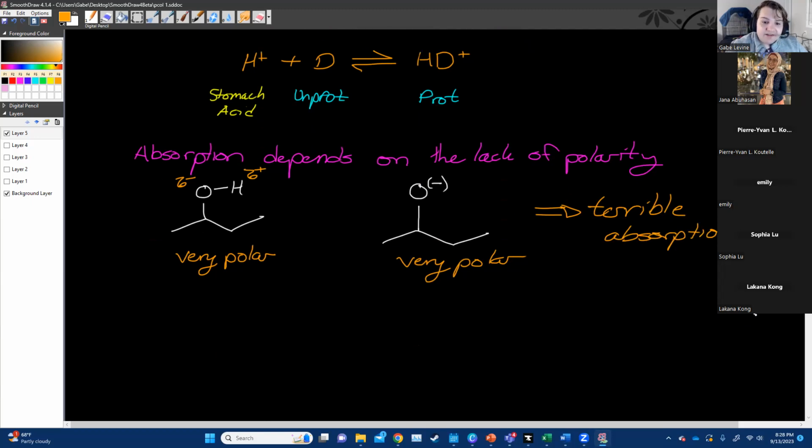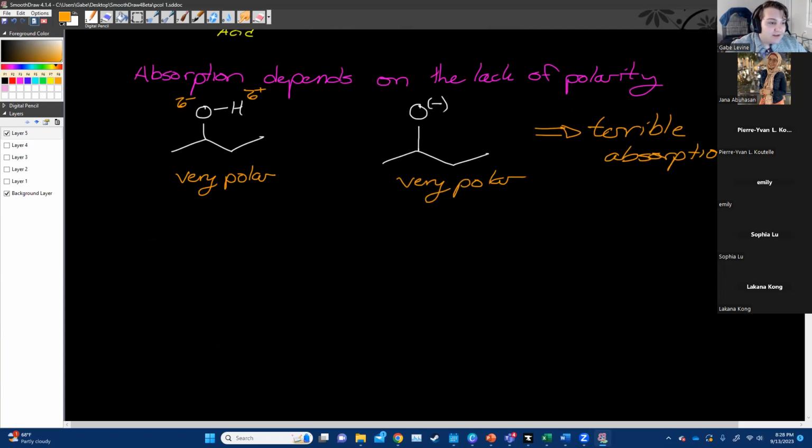What we find is that there are certain functional groups that, depending on the acidity in the body, so the stomach, the intestine, wherever it is, we get different absorption. And the reason for that is because the charge of the group changes. So let's take a look.